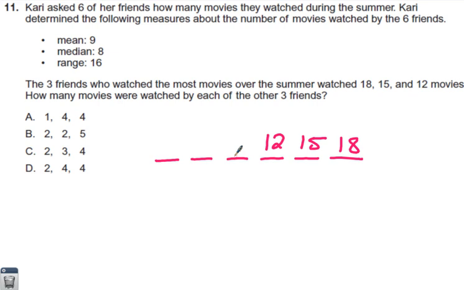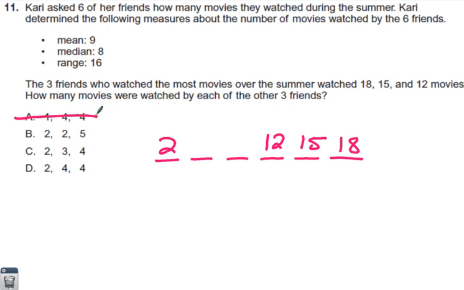Well, you know what? Let's start with the range. For the range to be 16, wouldn't this number need to be 2? It's not A. It doesn't go 1, 4, 4, because that doesn't make sense for the range being 16. How about the median? The median being 8.